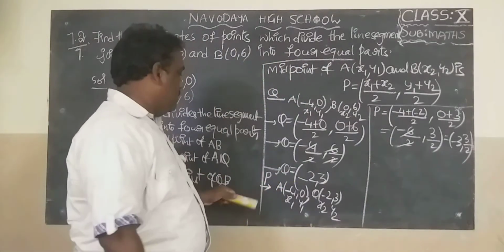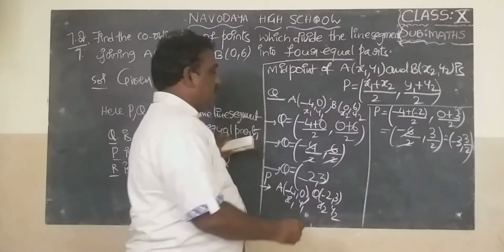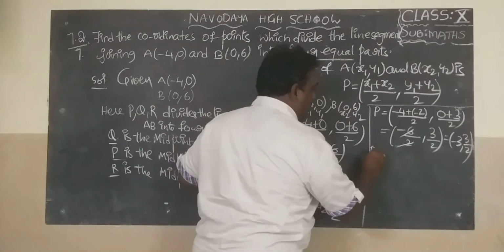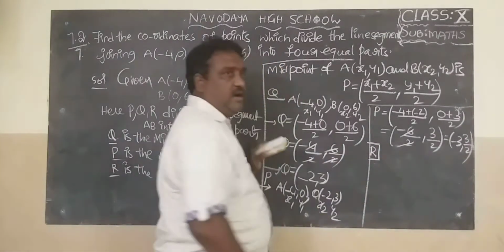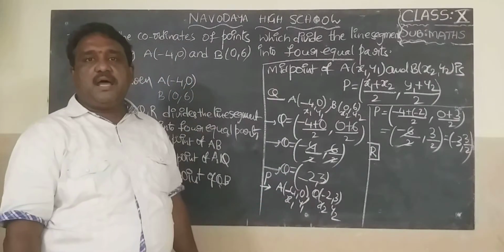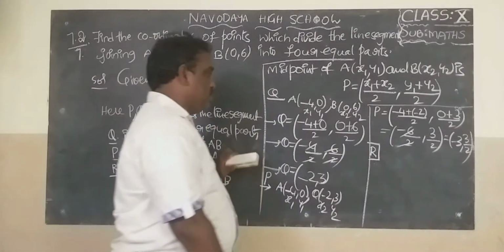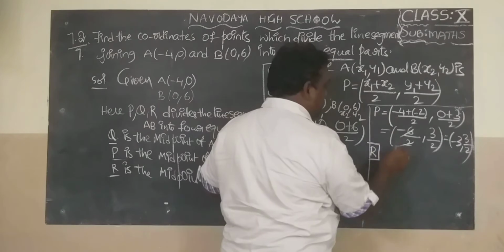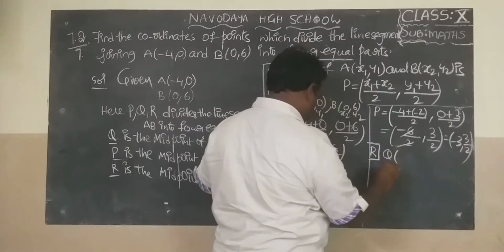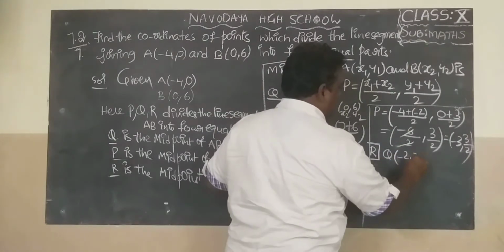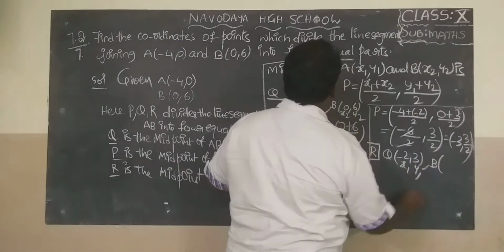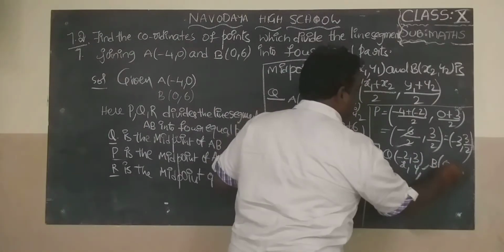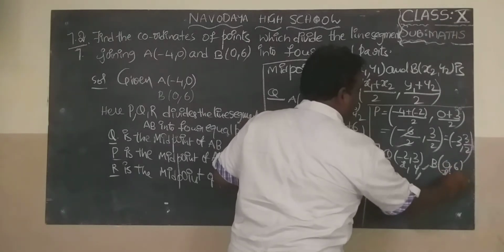Then next one, R. R is the midpoint of QB. Q is what? Minus 2 comma 3, x1 y1. B is what? 0 comma 6, x2 y2.